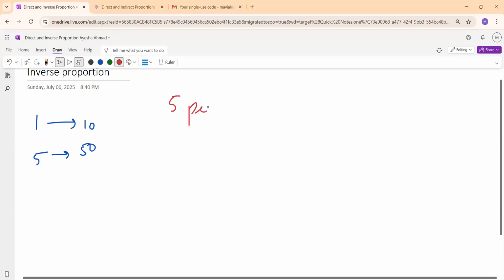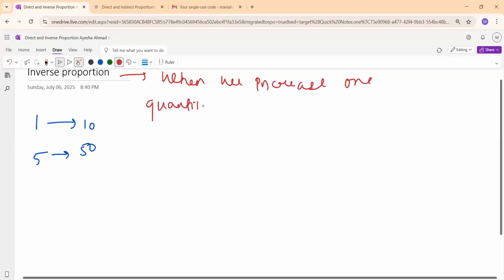So when we increase one quantity, the other quantity decreases, and vice versa.